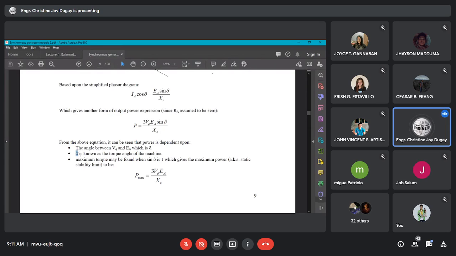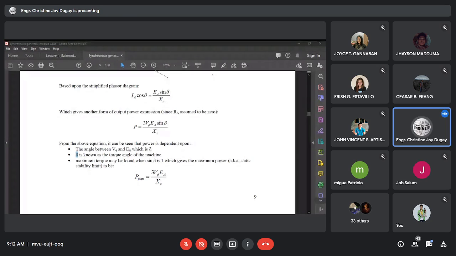That is equal to 90, ma'am. 90. Tama? Ayan. Tama po yung sinabi niya, no? So that is sine of 90 or that is the maximum torque po natin, no? So kung magiging sine 90 po yan, so ibig sabihin magiging 1 na lang si sine of sigma, no? So ang matitira na lang natin dyan is the Pmax, which is 3V phase EA over XS. Tama ba? Nakakasunod pa rin po ba?